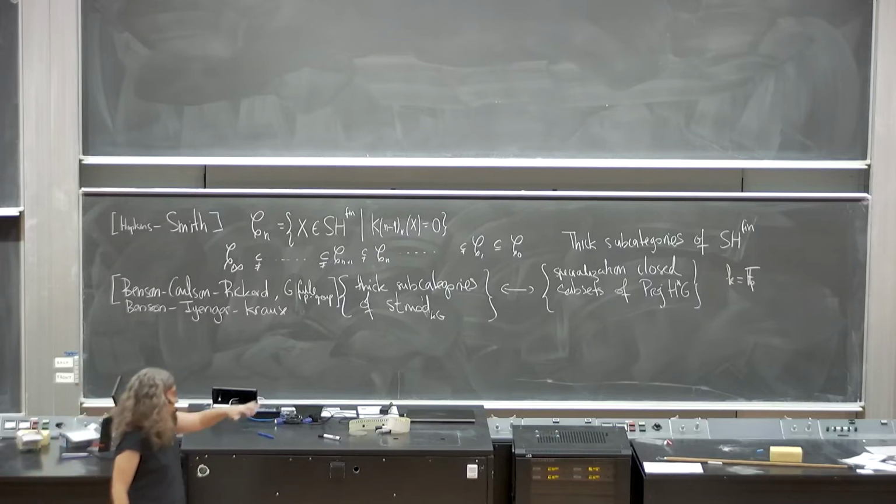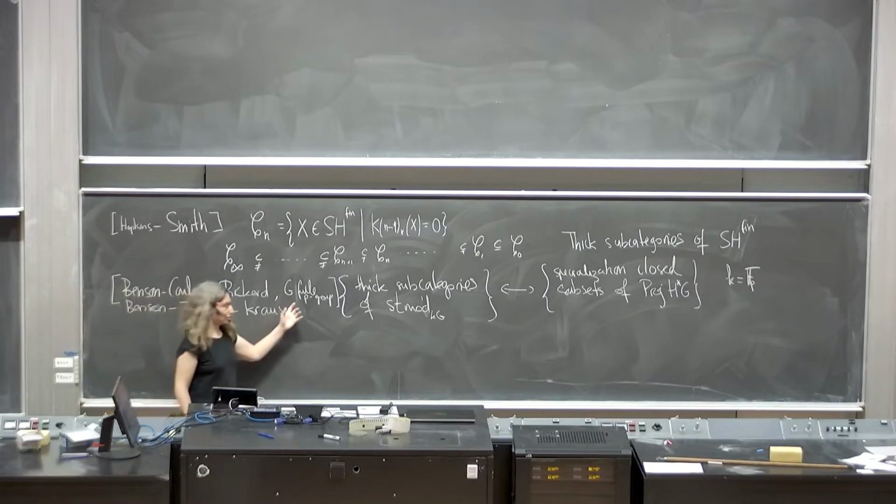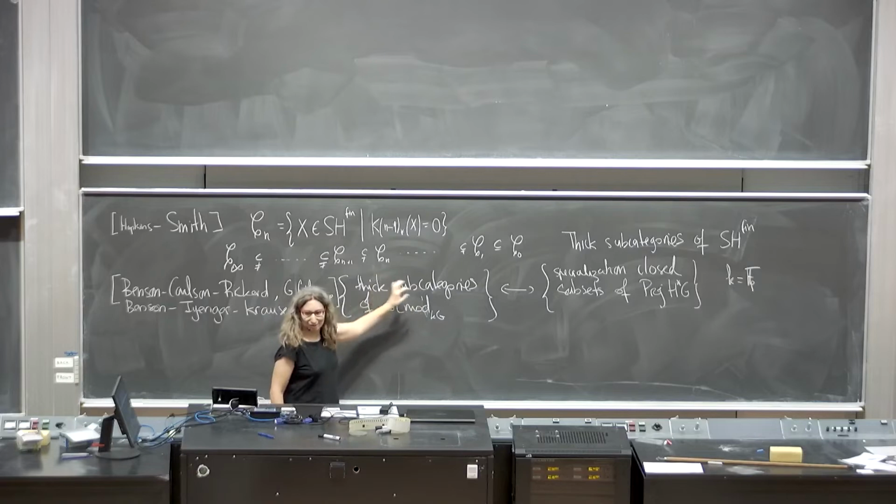Proj is just the spectrum of homogeneous prime ideals in the cohomology of G, where you remove the maximal ideal, the one which is taking all elements of positive degree. My goal, and I will mention the work of Benson, Iyengar, and Krause, in which it was for any finite group, but I need to add some decorations to the left-hand side.